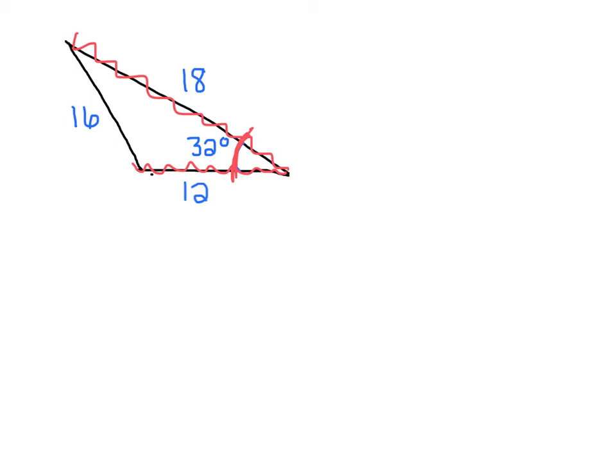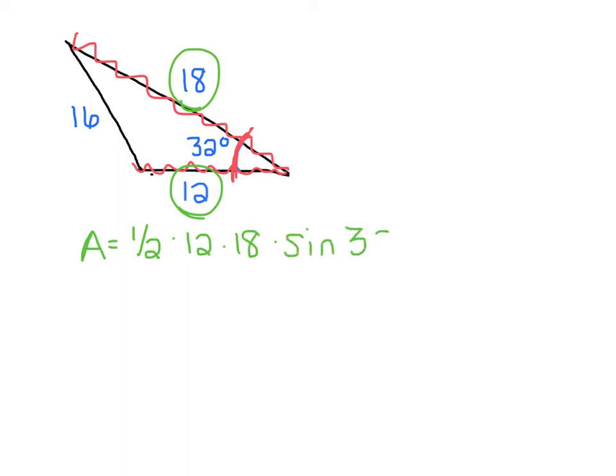And so my formula is going to look like this. It's going to be area equals 1/2 times one of the sides times the other side times the sine of the angle that's in between those two. Notice I didn't use the 16 at all. I only used the two sides that sandwich that angle.